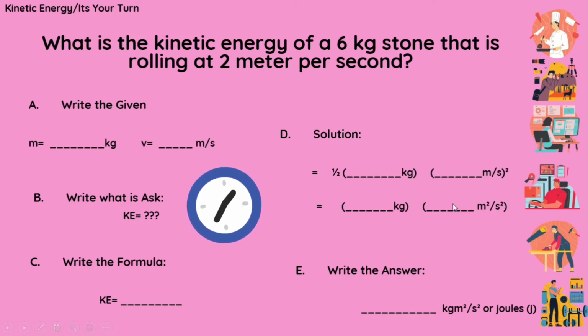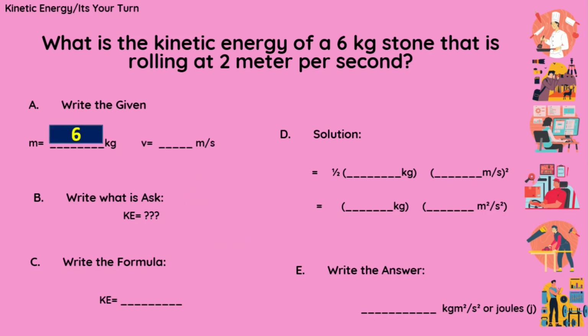Then, for this part, the square of your given velocity, then multiply the 2, then, final answer. Last 10 seconds. 3, 2, time's up.